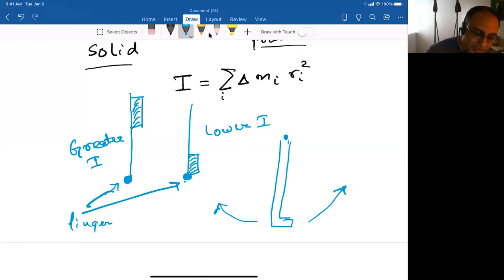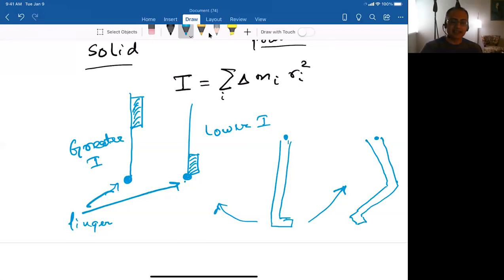Now, when you're jogging, what is the difference? When you're jogging, your leg is bent like this. You keep your legs bent while you're jogging, and now you're swinging this bent leg about that axis, which passes through your hips.